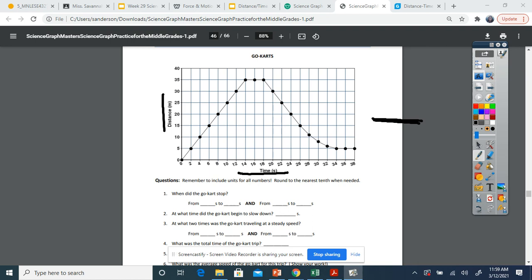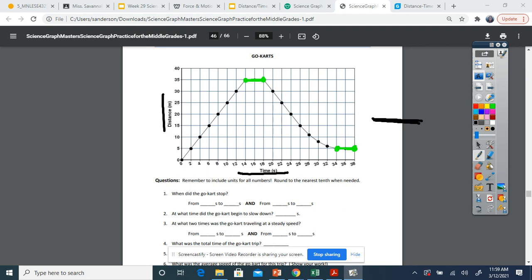So we can see that within our graph, from this point to this point is when the go-kart was not moving. So it is asking for the times, because if you also look at the very end of our graph, from this point to this point, the go-kart was also not moving.